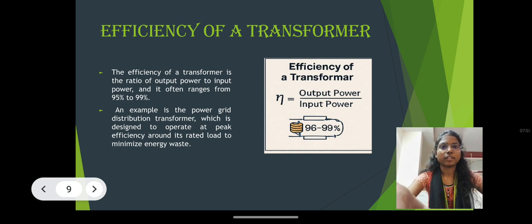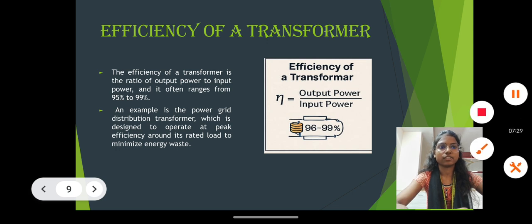Efficiency of a transformer. The efficiency of a transformer is the ratio of output power to input power, and it often ranges from 95% to 99%. An example is the power grid distribution transformer, which is designed to operate at peak efficiency around its rated load to minimize energy waste.